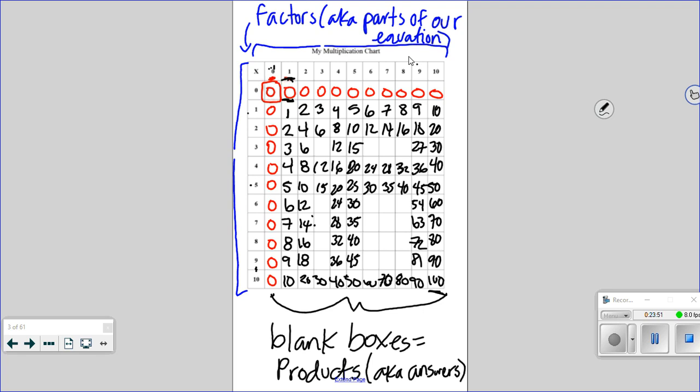That if the problem gets switched around, it would still be the same answer. The commutative property, remember, says I can rearrange my factors, rearrange that order, and my answer doesn't change. My problem is going to look different, but my answer will not change. So I'm going to fill out my 9s going this way.